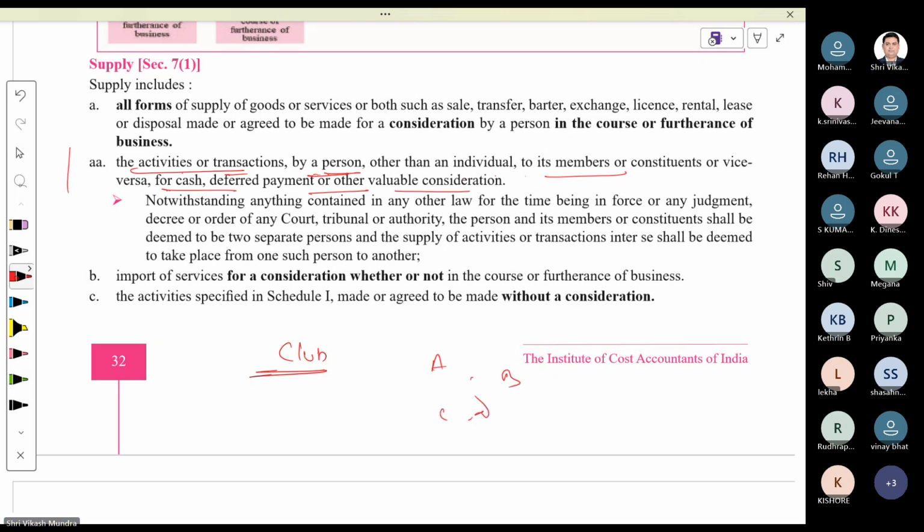Ideally, in income tax law, and there are various decisions of the Supreme Court, they mentioned that the income from mutuality is not subject to tax. The logic behind that: the income of the club should not be considered as income because if they are generating their income from their members only, we will not term it as an income.